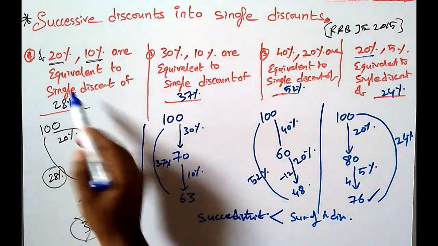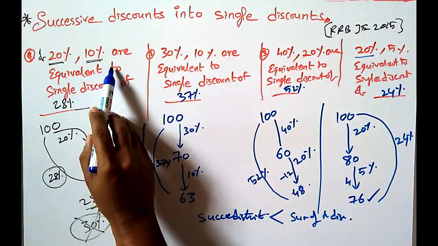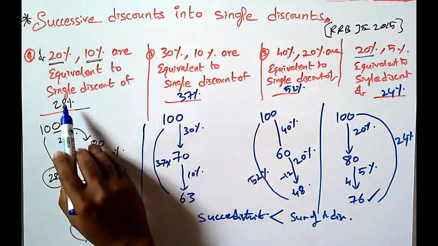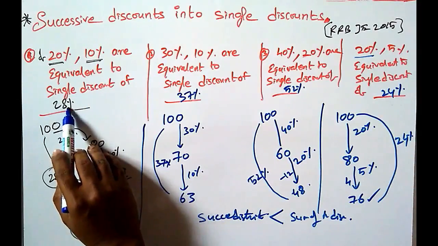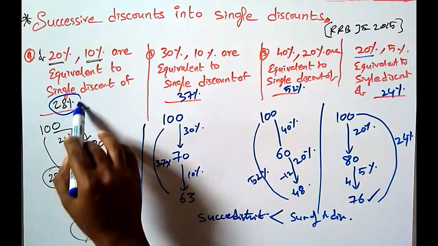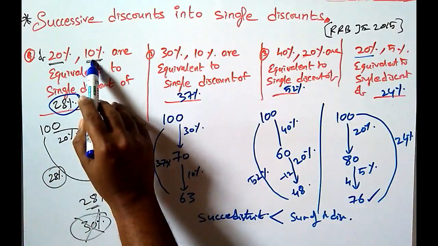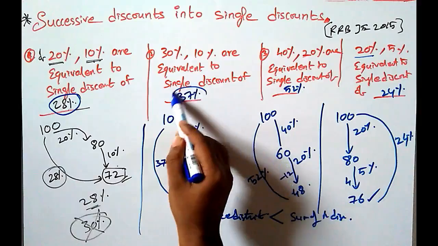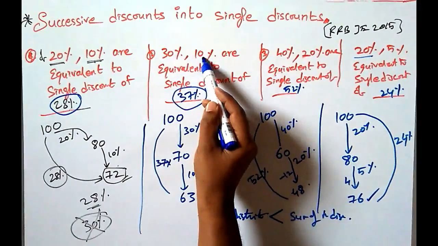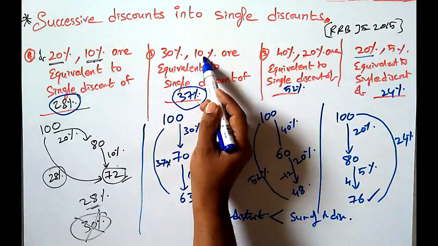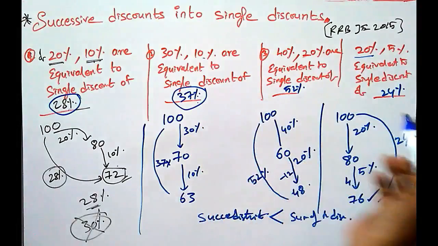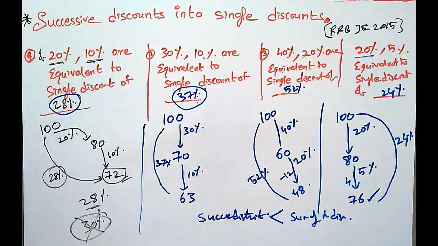Am I right, friends? 20 plus 10, 30%, is always greater than the 28%. That is the actual discount. Successive discount is always less than the sum of the discounts. The 37% is less than the 40%, the sum of the discounts. I hope this is clear with you.